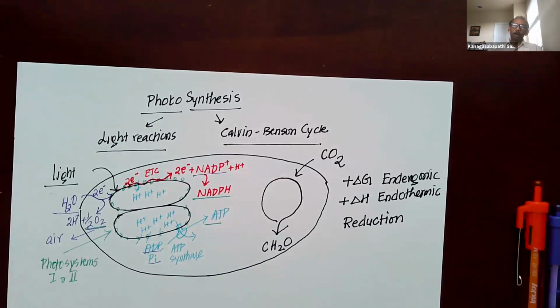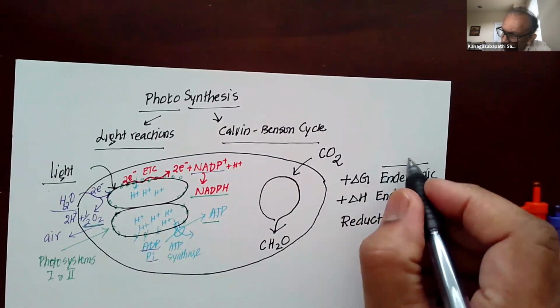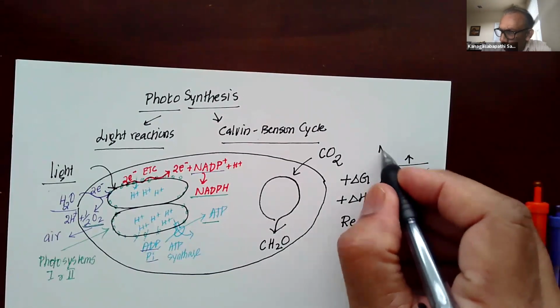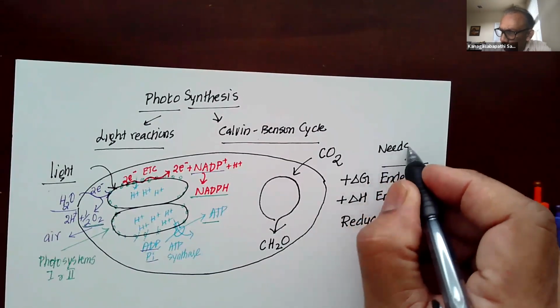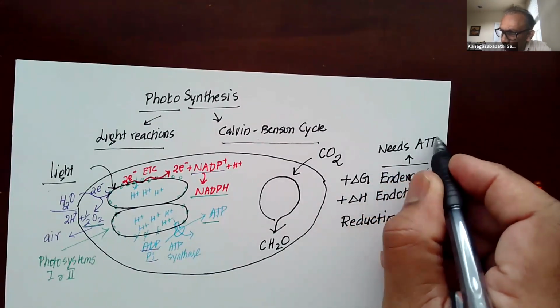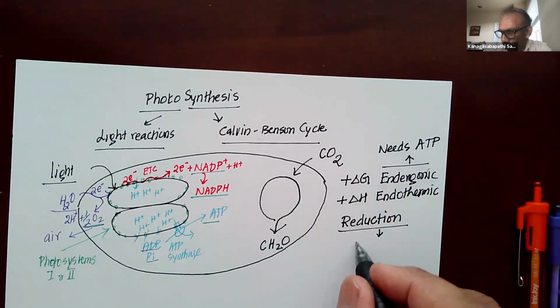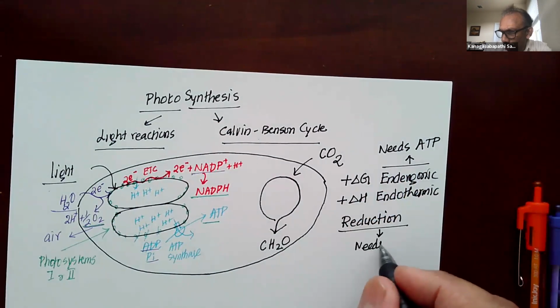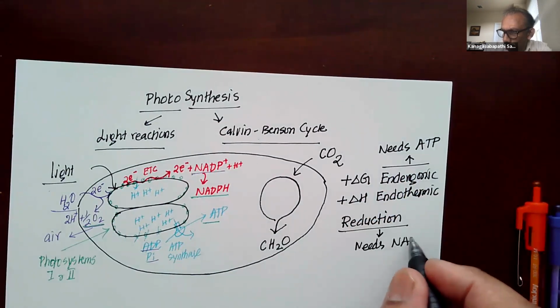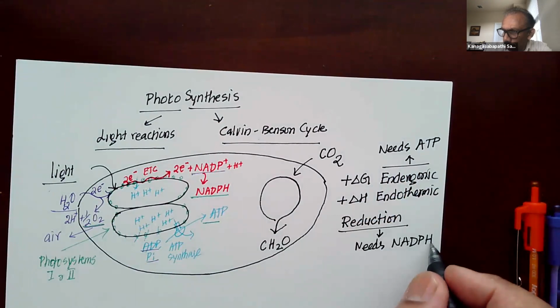We need to understand all these. Okay. So because it is an endergonic process, it needs ATP to happen. Because it's a reduction process, it needs NADPH to get reduced.